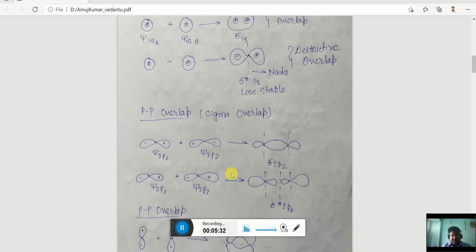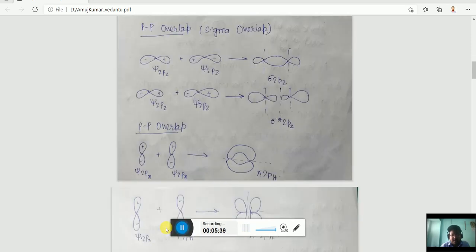Another possible combination of overlapping is the positive side of psi 2pz and the negative side of psi 2pz. They will combine and form this shape. Here, in the case of sigma star 2pz, three nodal planes are created.